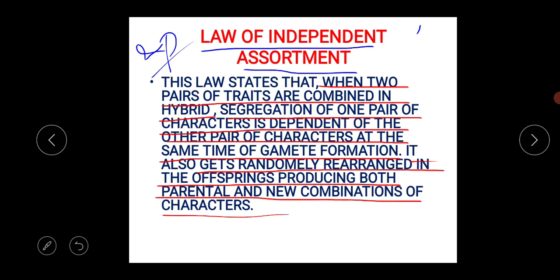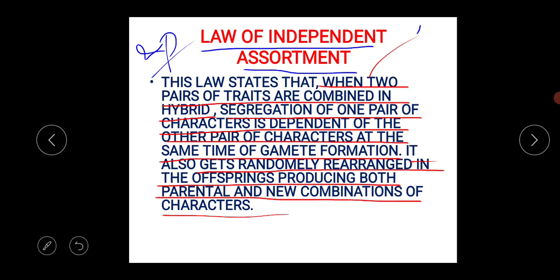This law of independent assortment gives variation to the new offspring. So this is the inheritance pattern, the hereditary pattern.